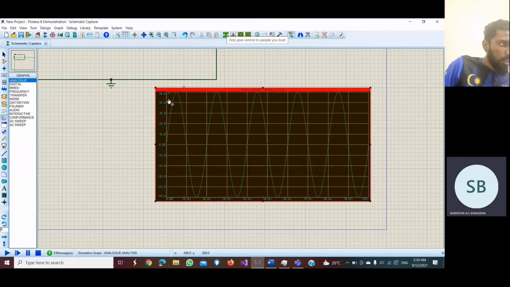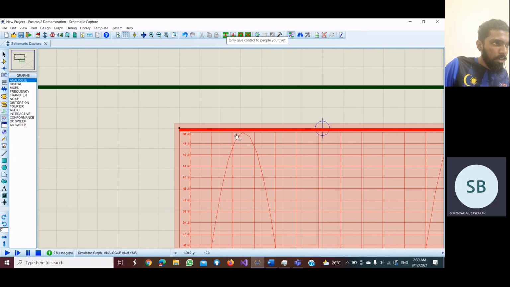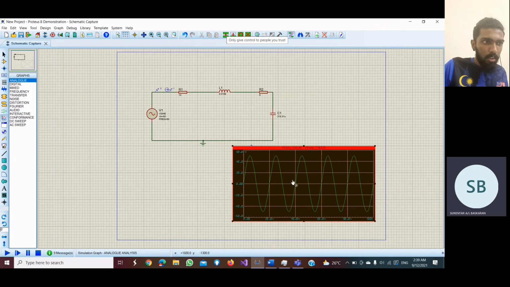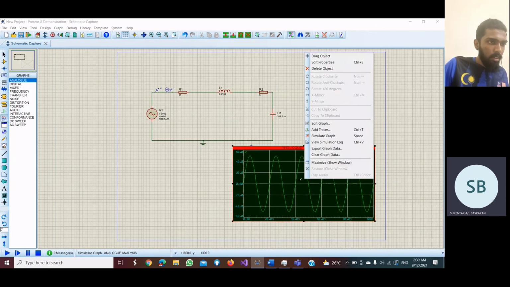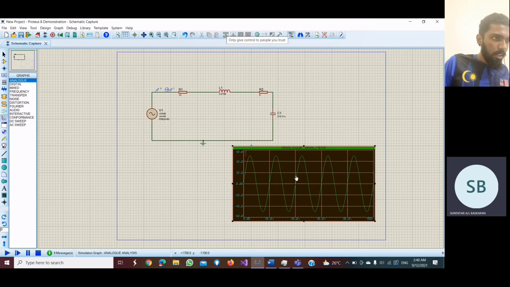This will be our V graph. The V peak value is 50. Then we straight away add another trace for I, which is current.